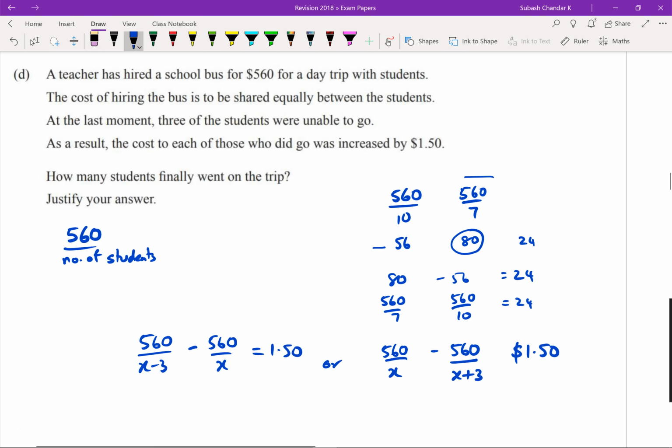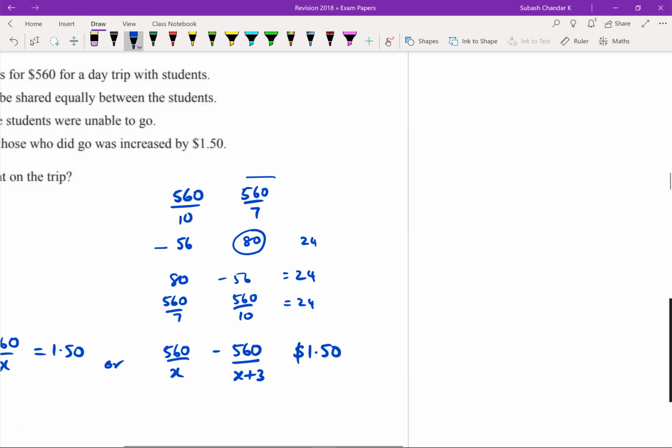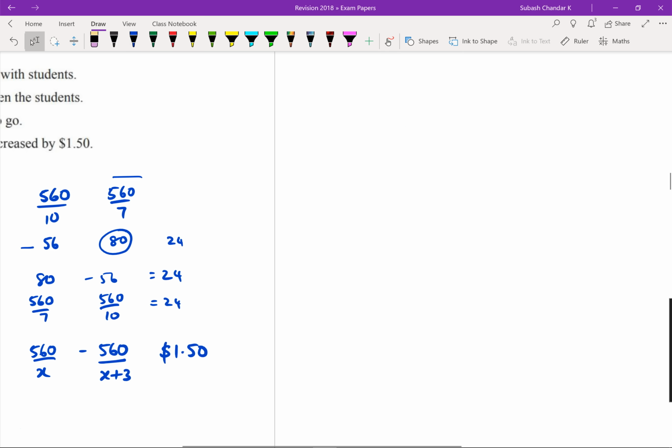I know I kind of played around with that, but sometimes it's easy to just take a few numbers and play with them to try and understand what the question's actually asking you and then work around it. Okay, so now that I've set up this equation, I can start working it out.